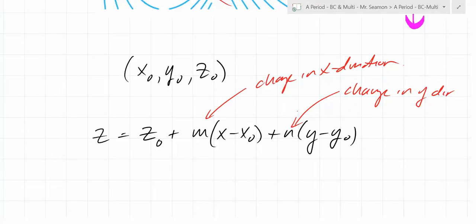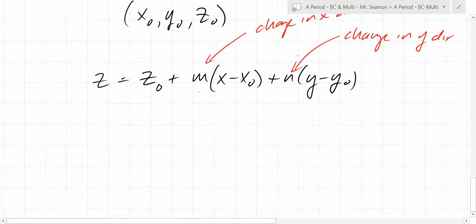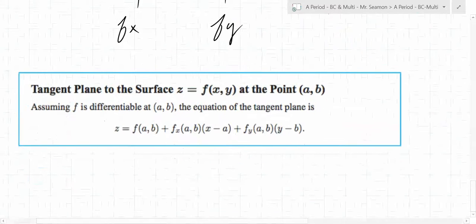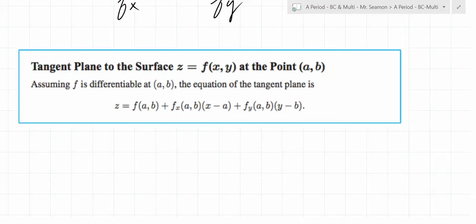But now, what do we now have? Change in the x direction is what? Fx. And change in the y direction is Fy. Exactly. So we now have an algebraically defined way to find the tangent plane to a surface.